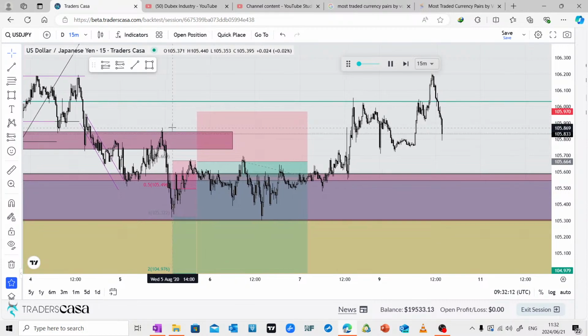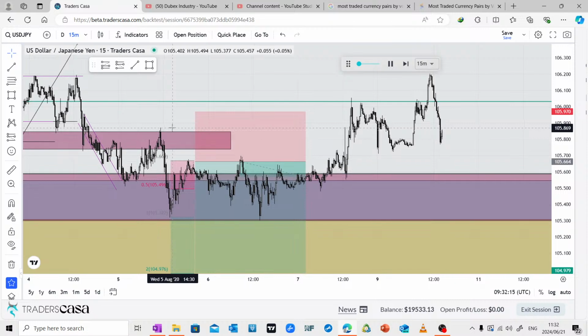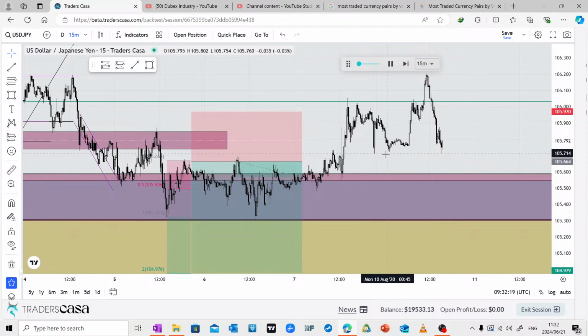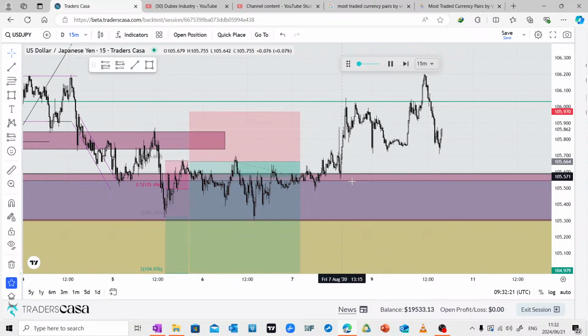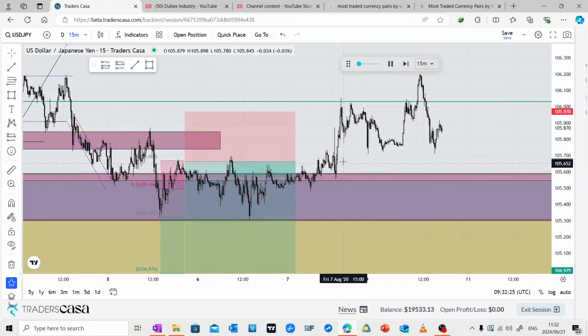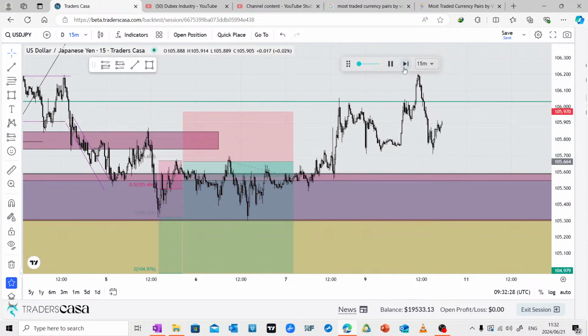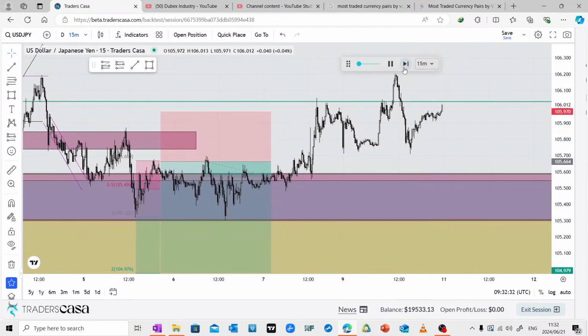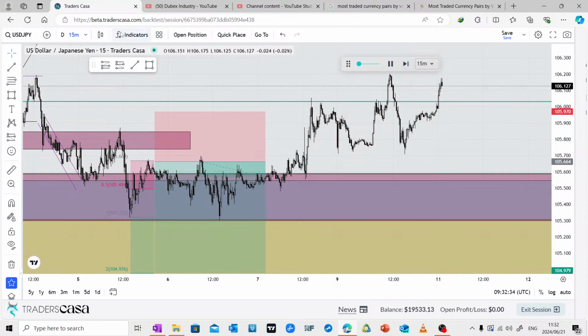I think that was crucial to realize. Taking out this buy side, coming back to give price fair value here. And I've got this order block here.